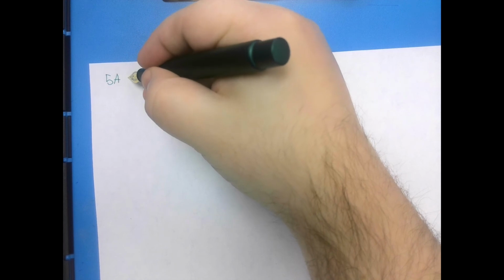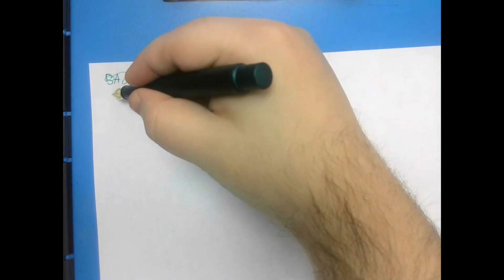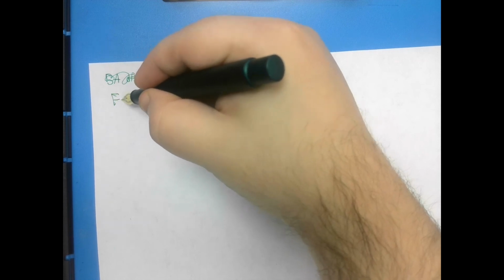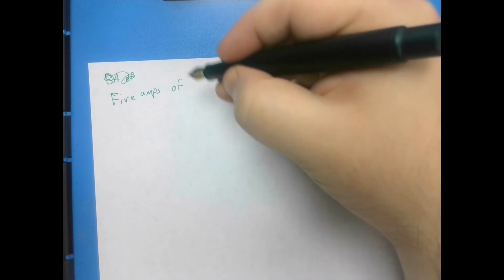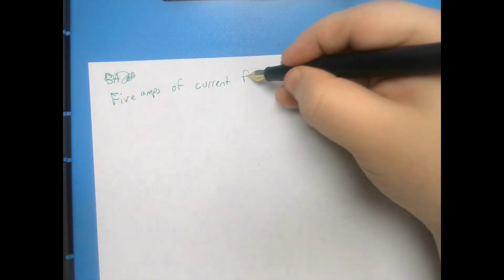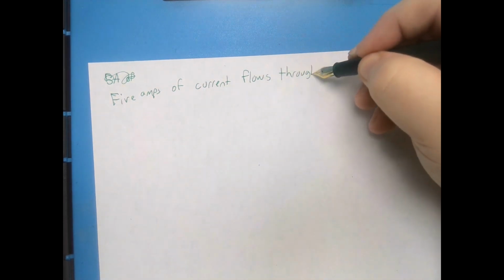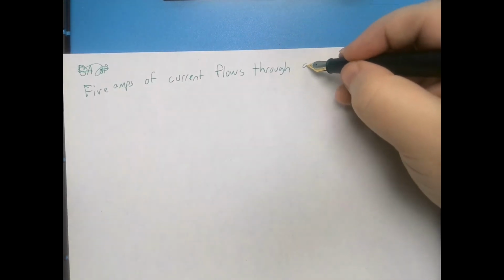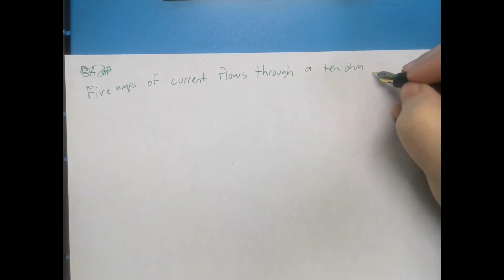5 amps of current flows through a 10 ohm resistor.